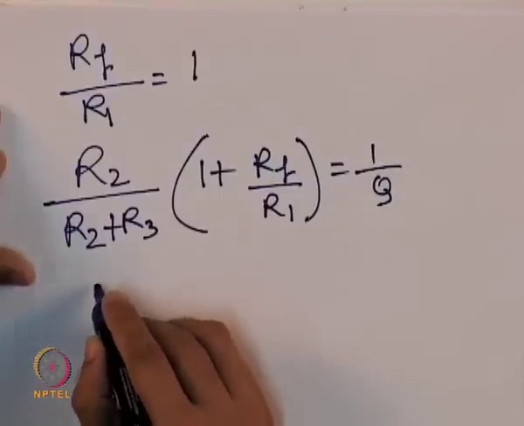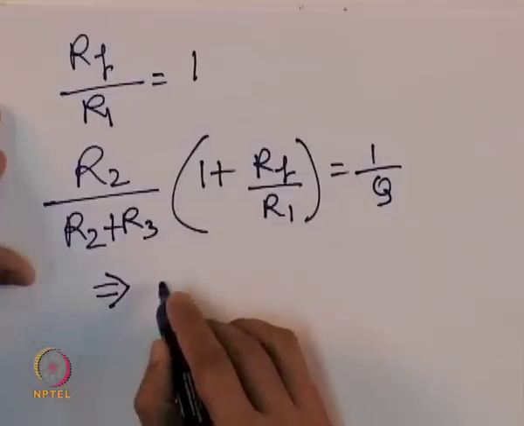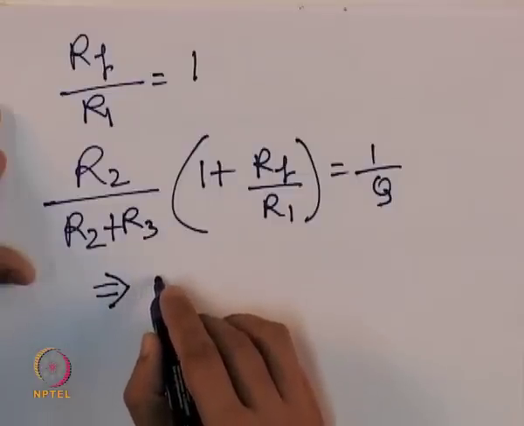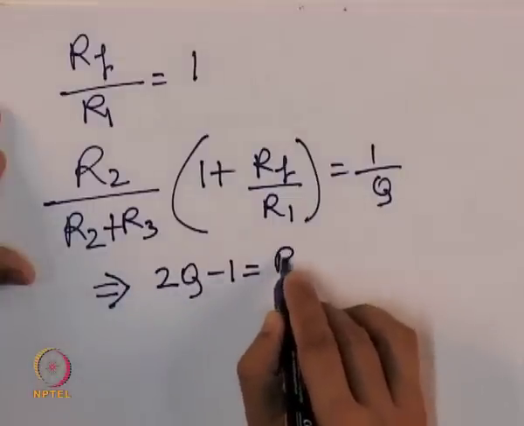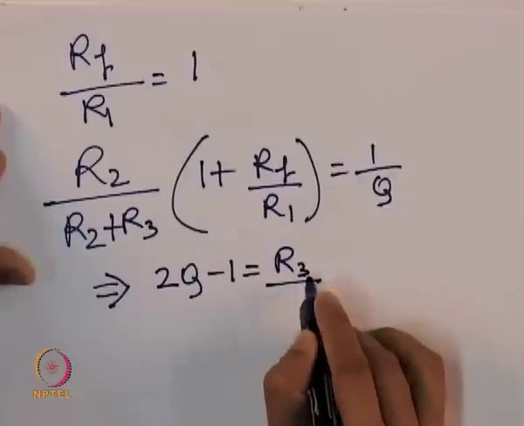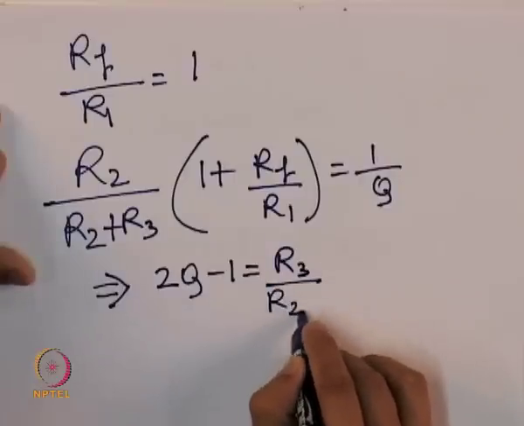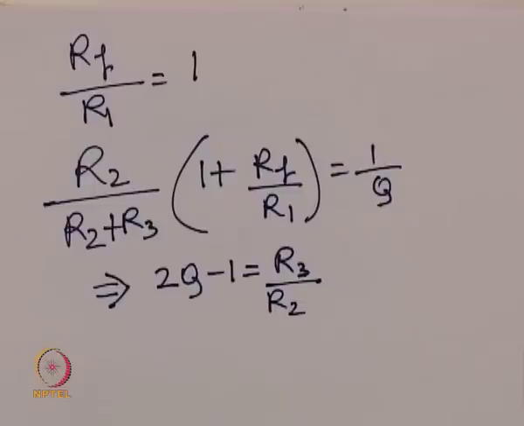So, from here what we get is that 2Q minus 1 should be equal to R3 upon R2. So, if we choose our RF, R1, R2 and R3 according to this equation, then we can implement this.